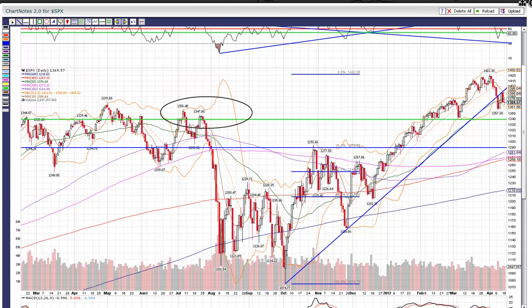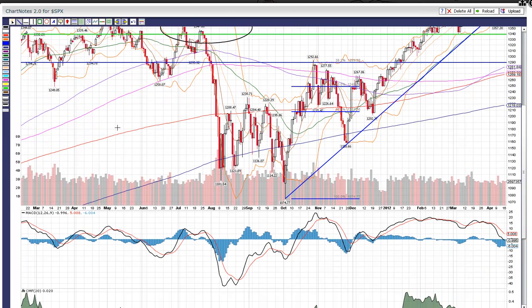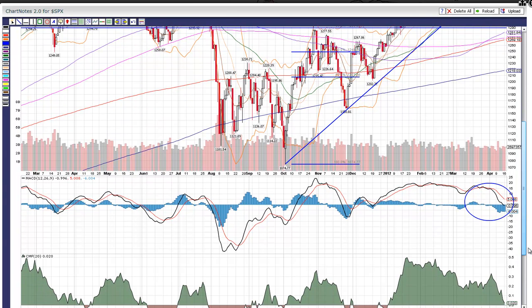So let's just take a look at one more thing here. The MACD is not looking good right now. It's in complete free fall, and as you can see, it's not the same area yet to turn up as we did even at 1158, and the 1074 low was not a huge drop.